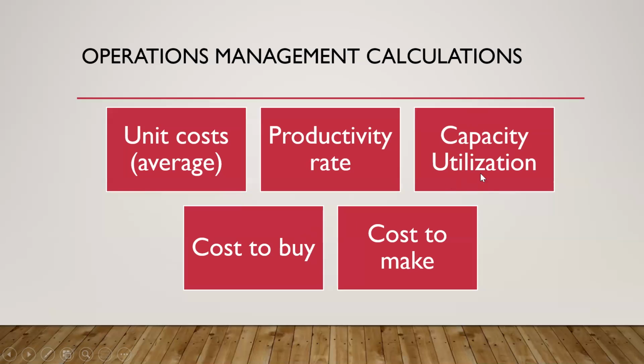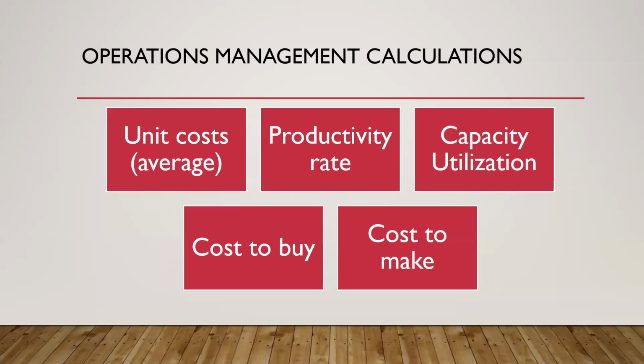So understand the definition of capacity utilization: actual output divided by productive capacity multiplied by 100, and it's in a percentage.